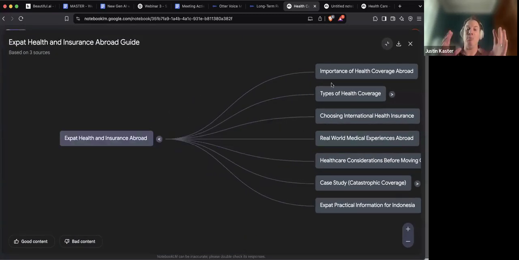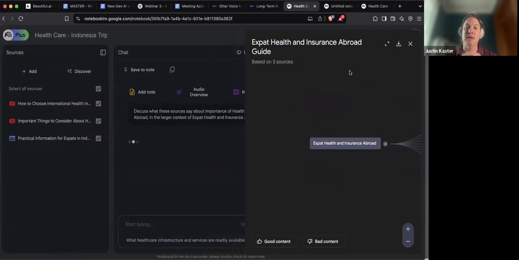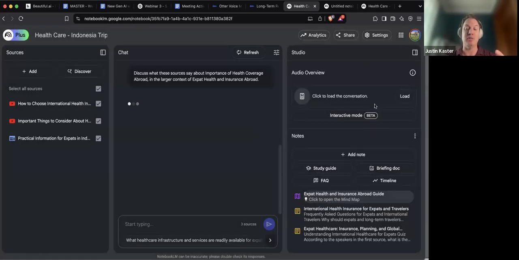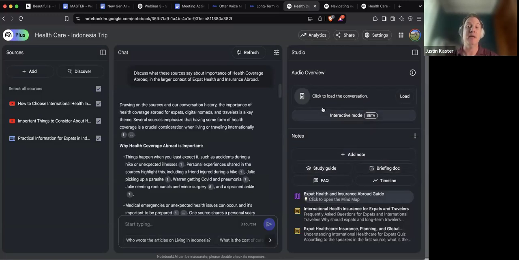I can now see a mind map of all the key topics, where I'm able to break it down into pieces and dig into this question with more specificity. So this tool has really interesting capabilities to organize and synthesize the data. I can create study guides, briefing documents. The other thing I can do is generate a podcast.